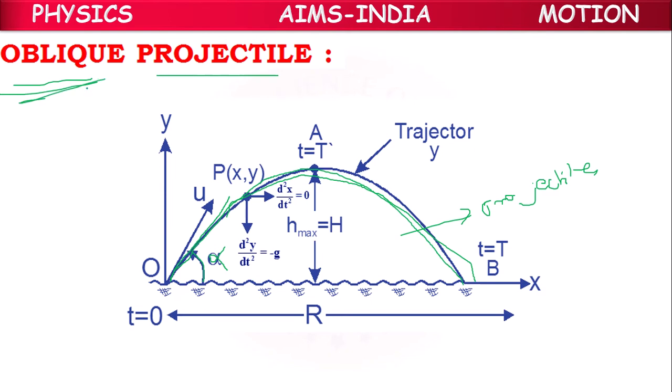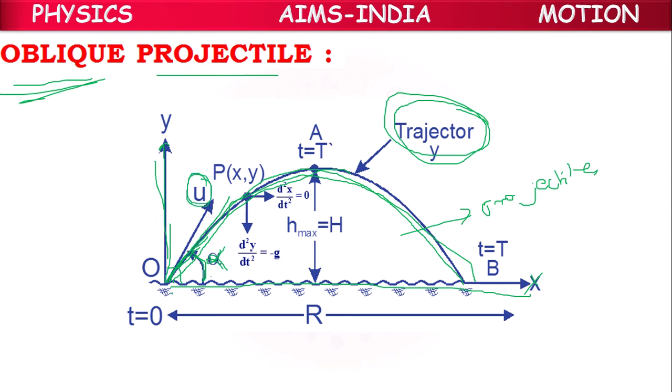The path of an oblique projectile is also called the trajectory. Here, OX is the ground, and OY is the vertical line which makes 90 degrees with the ground. We have to project a body, throwing it with an angle alpha with the ground, other than 90 degrees, with a starting or initial velocity u.